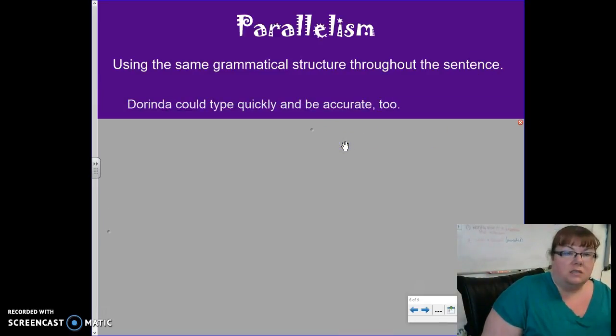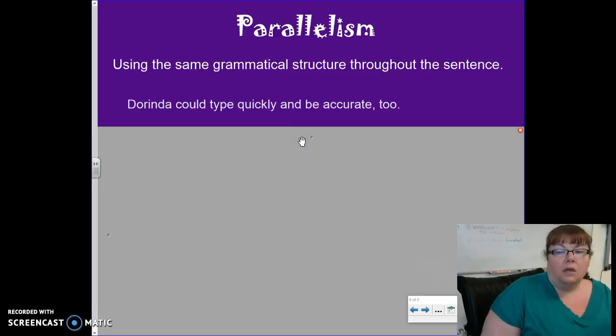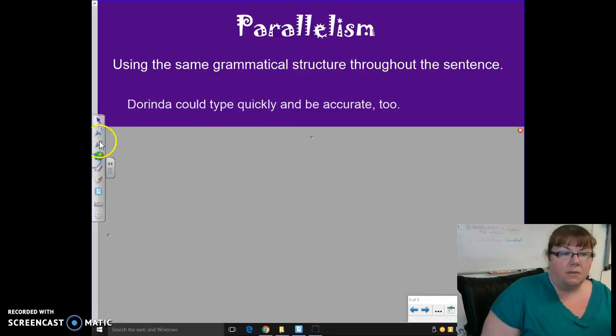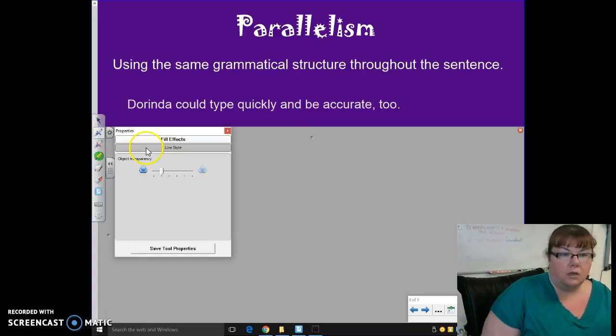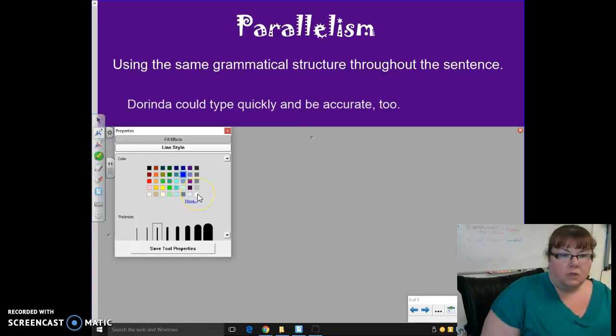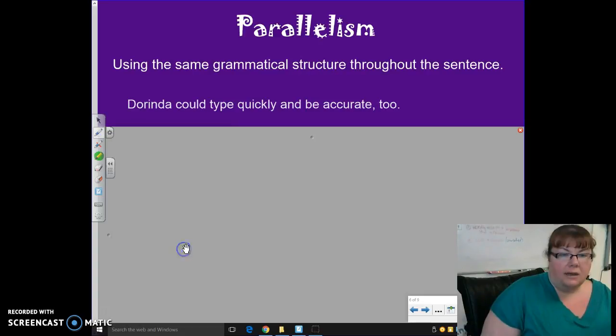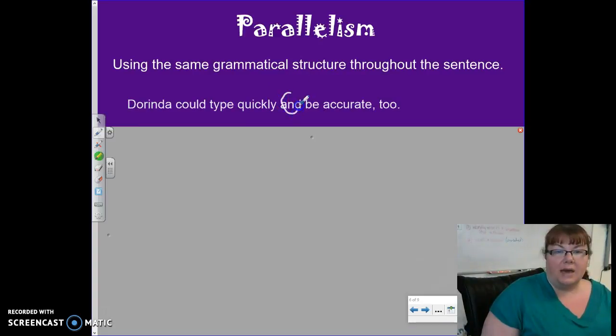Now, if we look at this sentence, Dorinda could type quickly and be accurate too. It's not parallel. It's missing something. So let me grab my pen. I'm going to switch my color really quick so you can actually see it today. Okay, so we're looking for things to be the same, and we don't really have any similar here, but we're listing two things because the "and" gives that away.